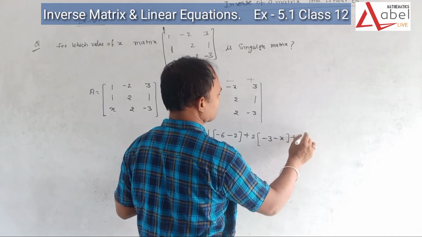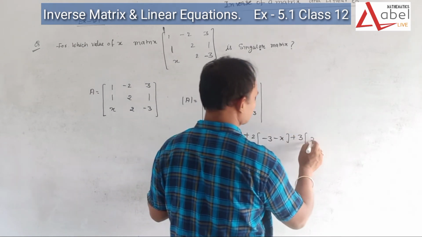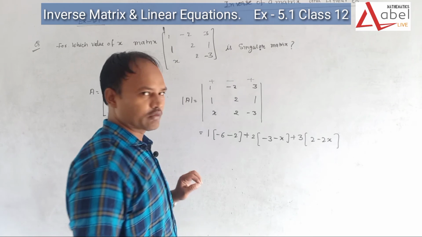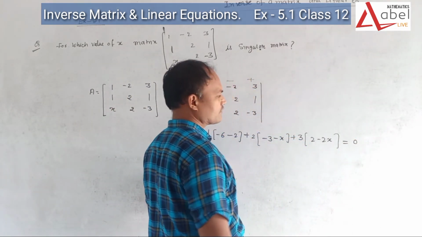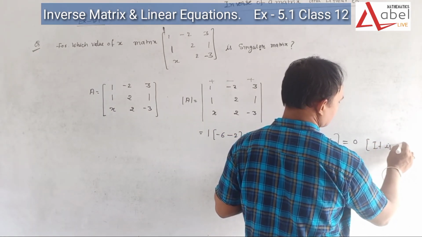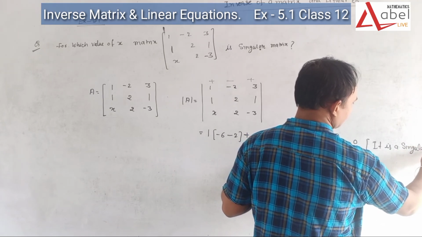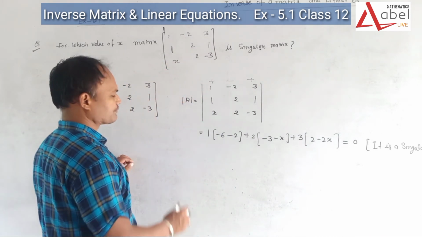And here it is 3. What about here? It is 4, it is 2 minus 2x. And its value is 0, because it is a singular matrix.